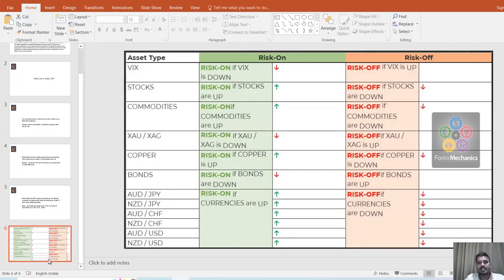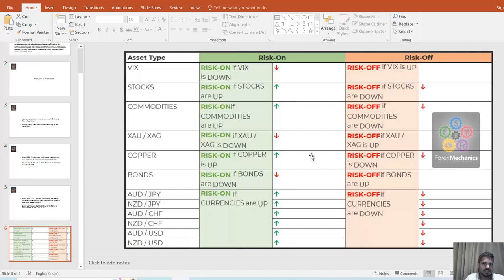So this is a very simple sheet that I have, which tells you about risk on and risk off, right? Basically, what you are looking at is the flow of money. All you try to understand here is where the money is going. Typically in a risk on environment, like we understood, the money is flowing into riskier assets.